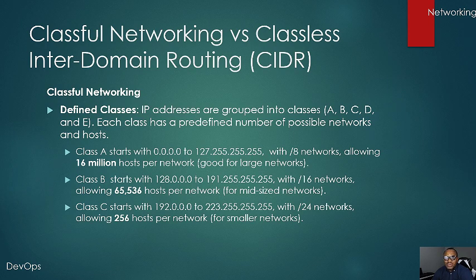And we also know that a class C IP address uses a /24 subnet mask by default, and it has 256 hosts per network.